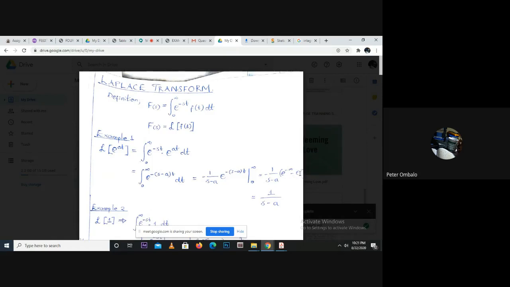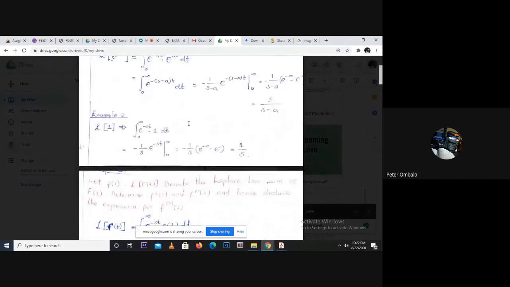And then this second term here is going to be a 1. So it's going to be negative 1, right? If you multiply this negative 1 by this negative outside, it gives us a positive. So in S domain, our function e to the at can be represented as 1 over s minus a.